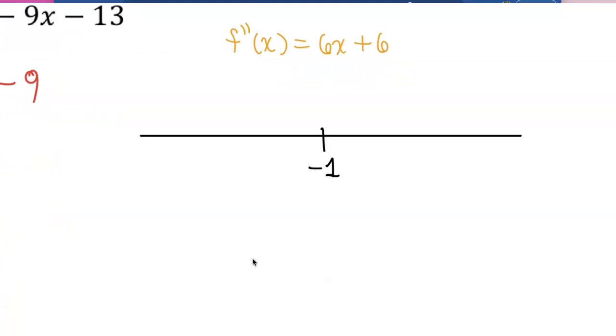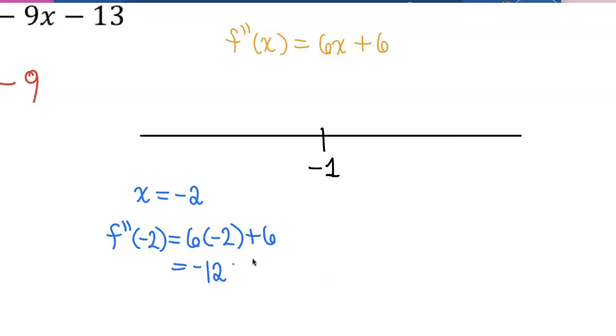What's a number that is smaller than -1? -2. So if I plug in -2 into the second derivative, I will get 6 times -2 plus 6, which is -12 plus 6, and that's -6. Look, the second derivative just came out to be negative. This must be concave down.